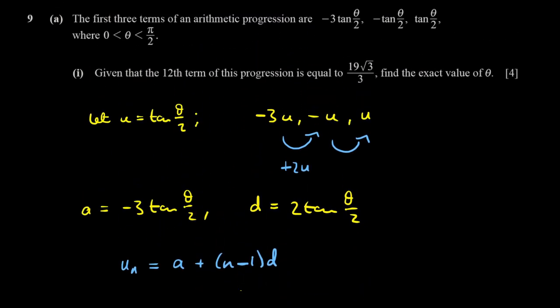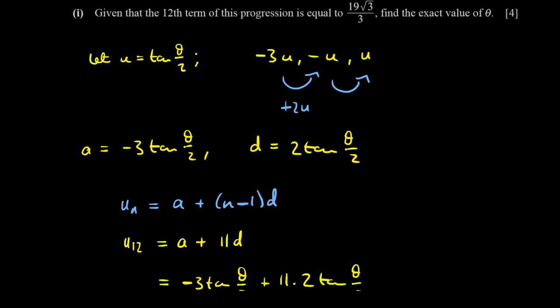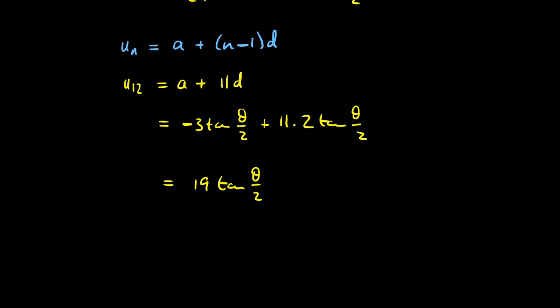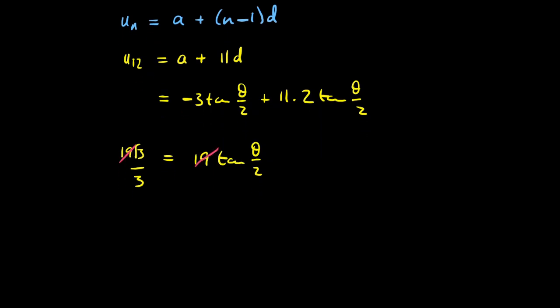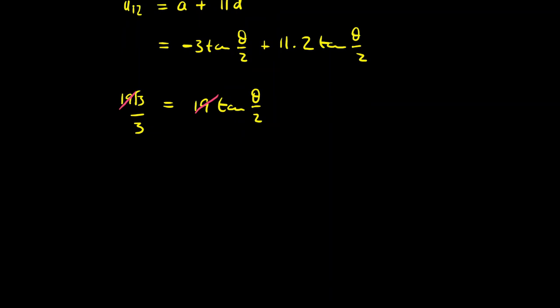And in the question, we're told that this is equal to 19 root 3 upon 3. Hopefully what you can see there is that the 19 is going to cancel off. And so we're left with tan theta upon 2 is equal to root 3 upon 3.